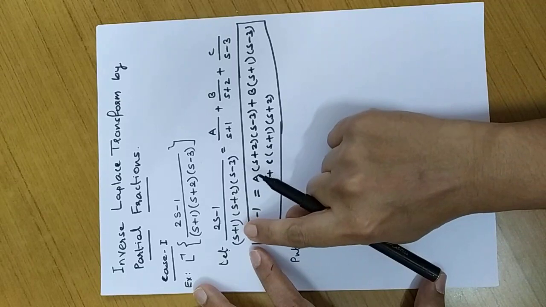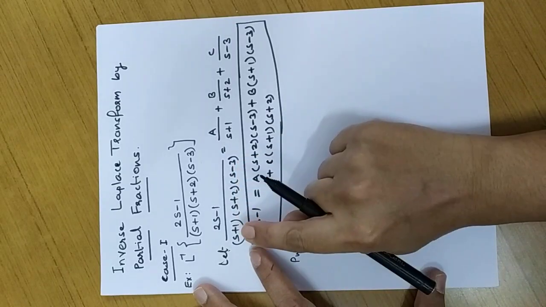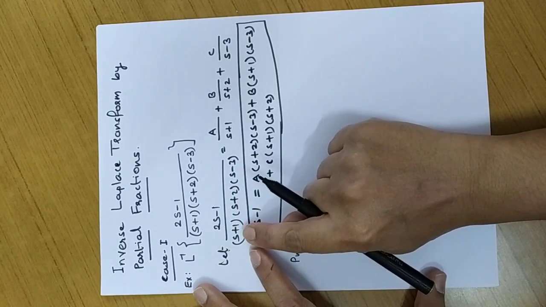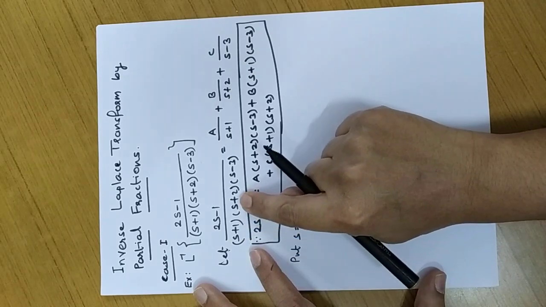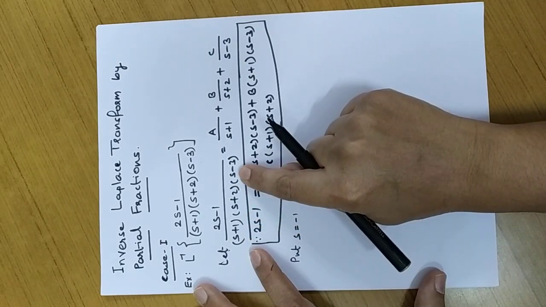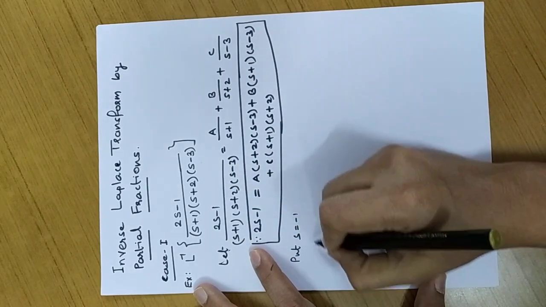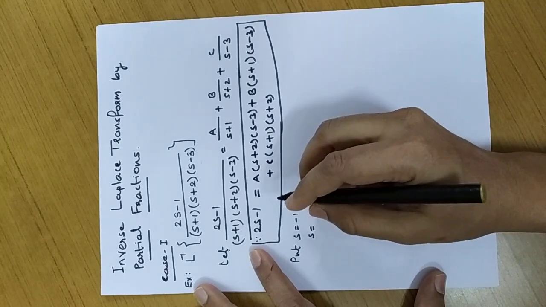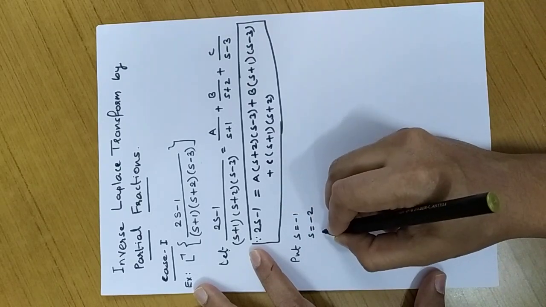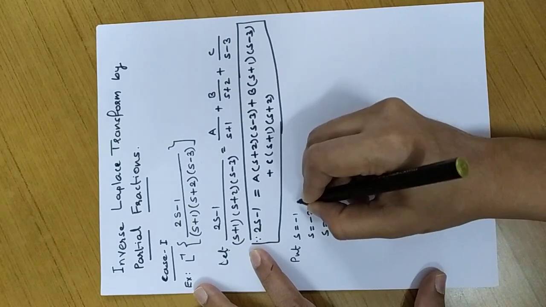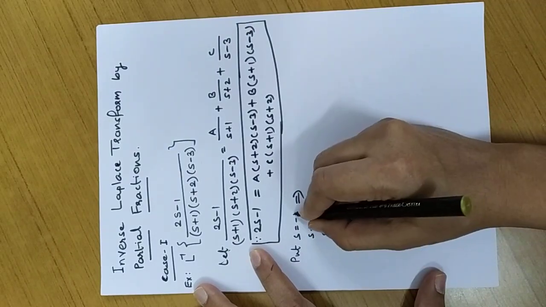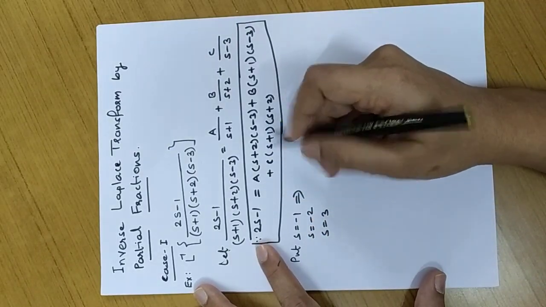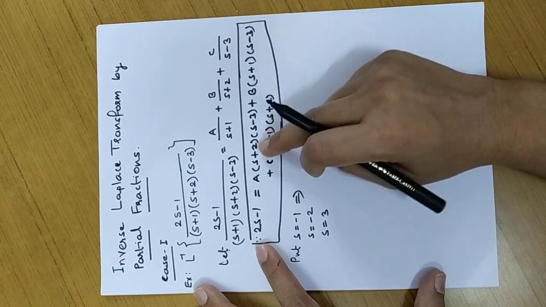You can see these factors: for s equal to minus 1, this factor is 0. For s equal to minus 2, this term is 0, and for s equal to 3, this term is 0. This way you can identify the three values of s.